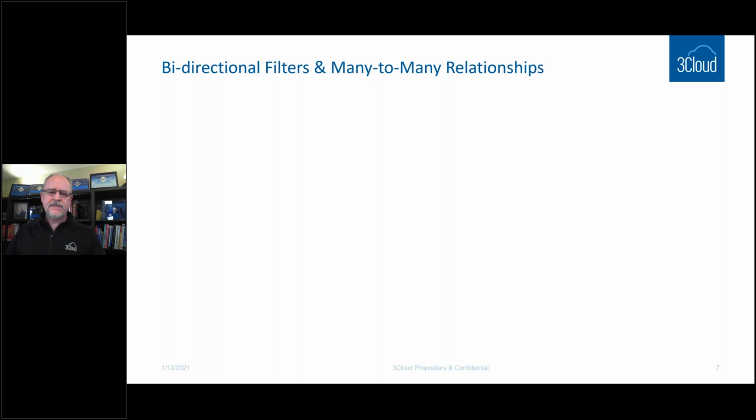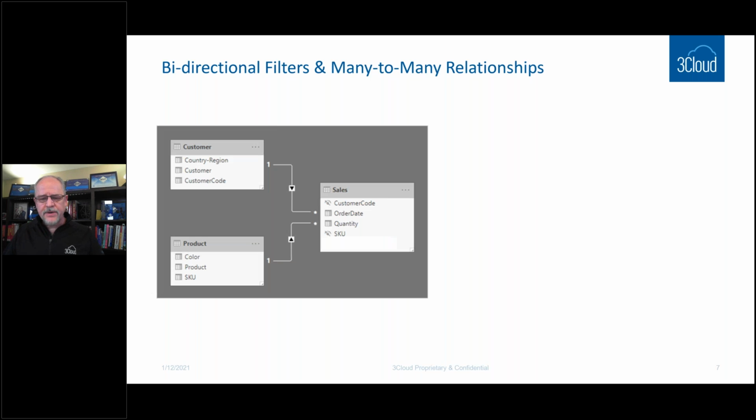Well, that brings us to the topic of bidirectional filters and many-to-many relationships. So here's a simple example of a schema, a fragment of a model that might be used to answer this question. We have a customer table, that's a lookup or dimension table. We have a product lookup or dimension table, and those are related to this sales fact table. Now notice the cardinality of the relationship.